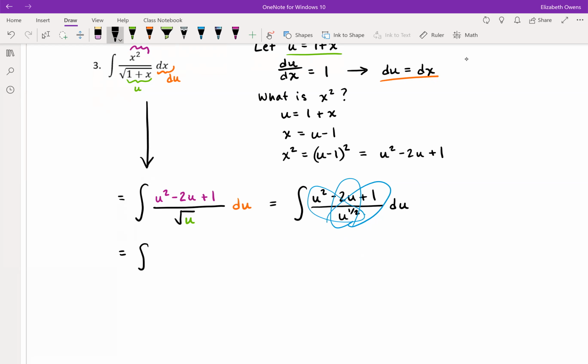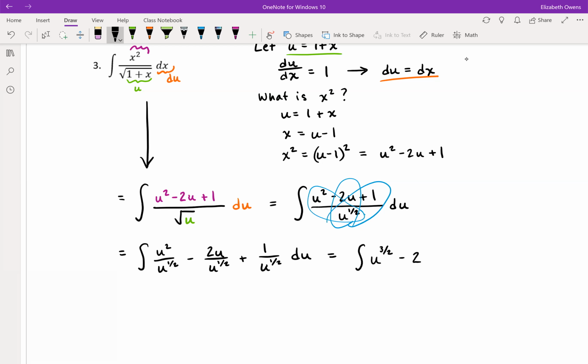Okay, this would be the integral of u squared over u to the 1/2 minus 2u over u to the 1/2 plus 1 over u to the 1/2 du. Okay, and then we can simplify each one of those. u squared over u to the 1/2 would be u to the 3/2.